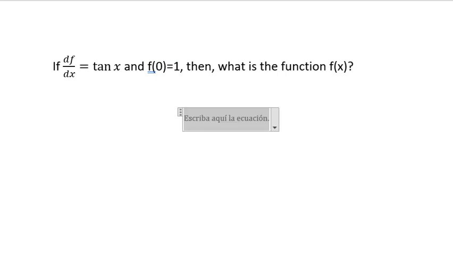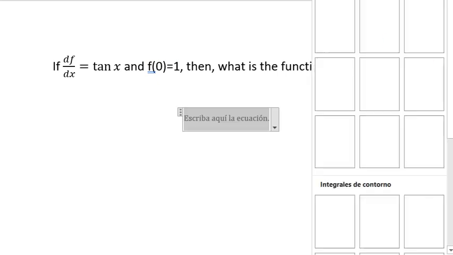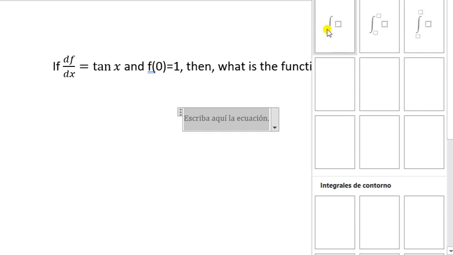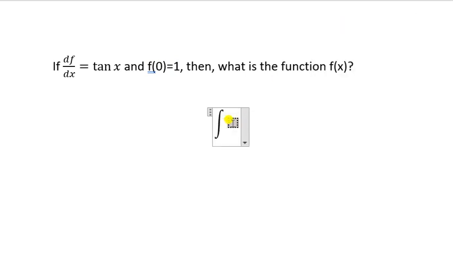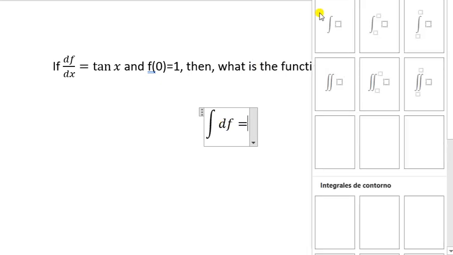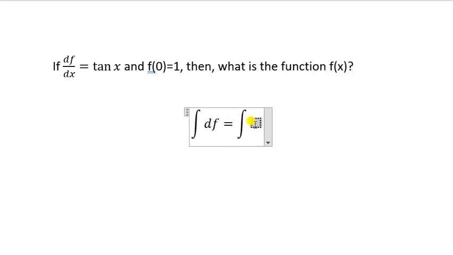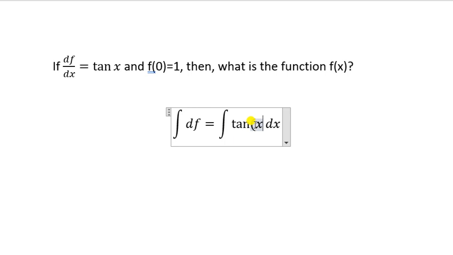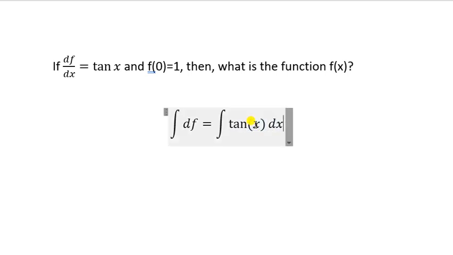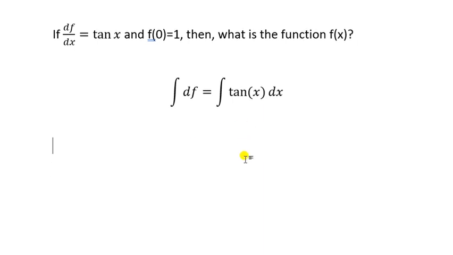Okay. So in this case, we need to find the integral of df, which should be equal to the integral of tan x dx, right? I will use parentheses here. Tan x dx. Okay, so how to find this integral?